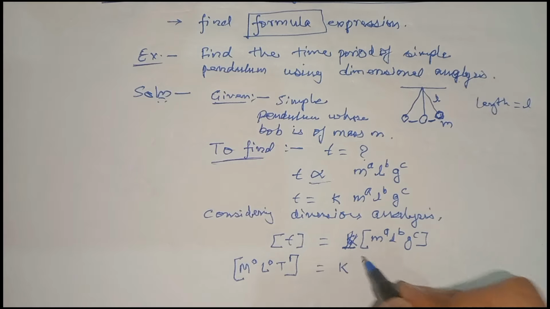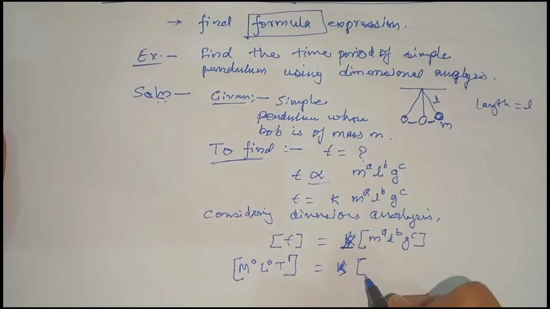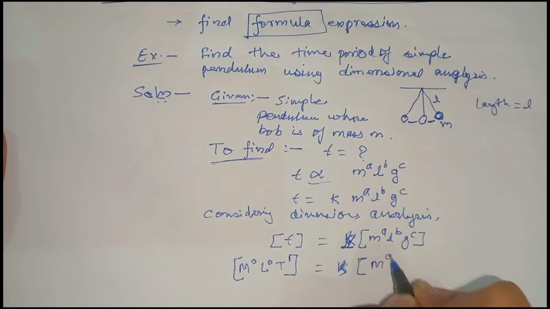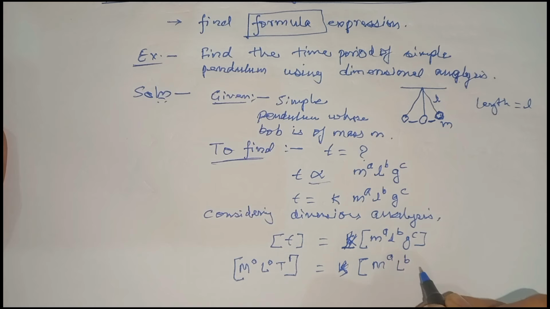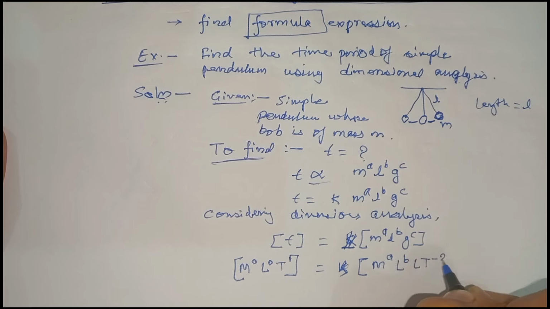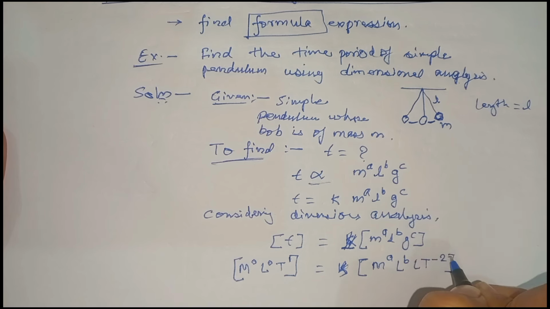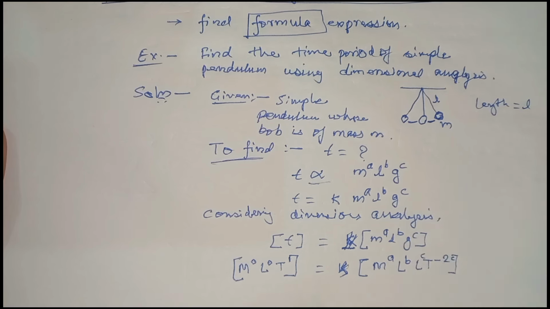We will omit the other side for some time. It is m to the power a, l to the power b, and g is acceleration, so it is LT to the power minus 2, all to the power c.